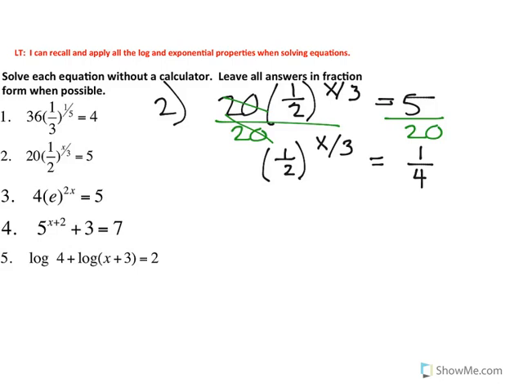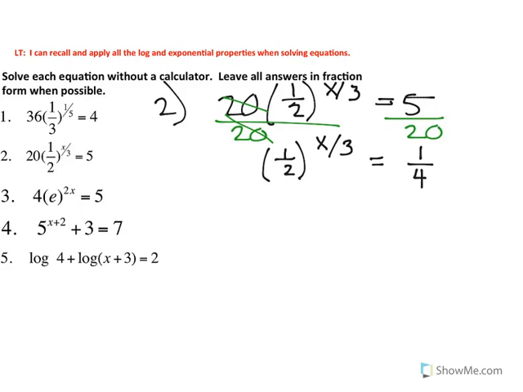And now we're looking at the same concept that we did in number 1. My options: my first method, rewrite both sides to have the same base, or take the log of both sides. Well, what I know about my number sense and my powers of 2 and my powers of 4, I think I can rewrite both sides to have the same base.